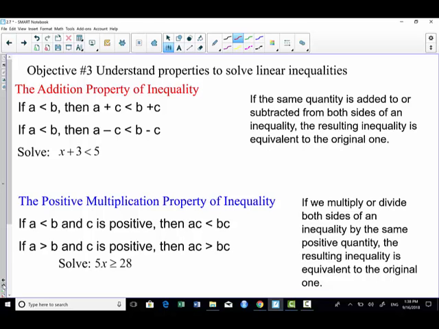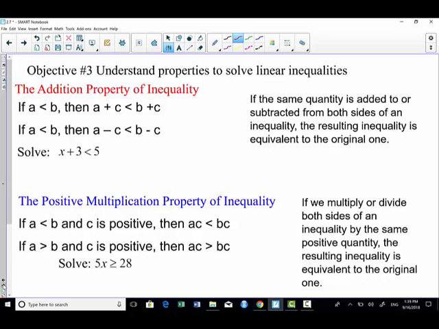Now we're going to learn properties we're going to use to solve linear inequalities. Similar to solving equations, we have two properties to use. One is addition property, another one is multiplication property.